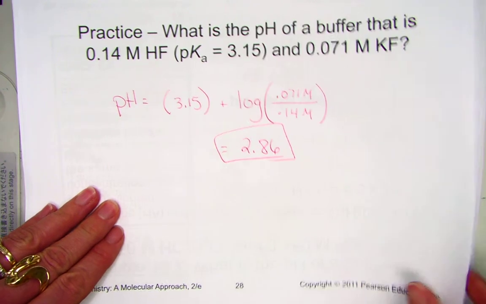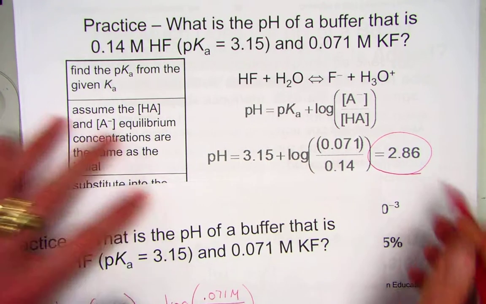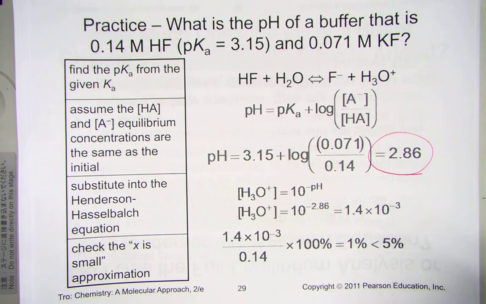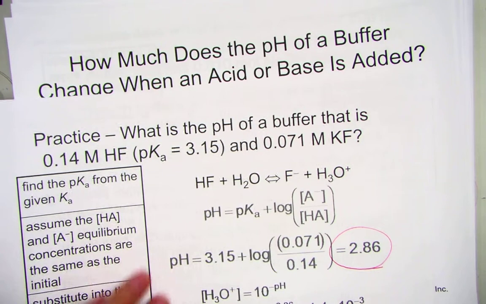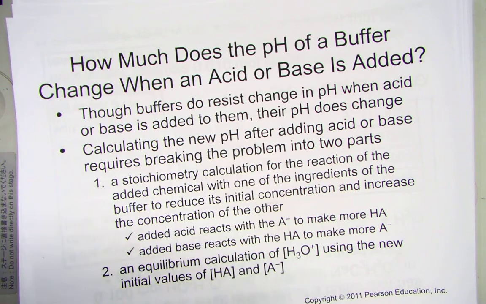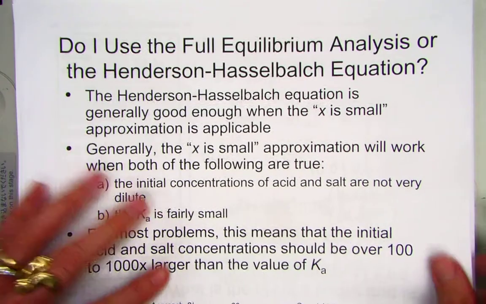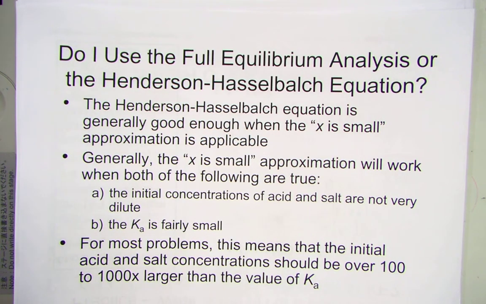Let's take a peek, see if we got it close. 2.86 pH units. The Henderson-Hasselbalch just makes calculating pH a lot easier than an ICE chart. So the Henderson-Hasselbalch equation is generally good enough when x is quite small, in other words, less than the 5% rule.